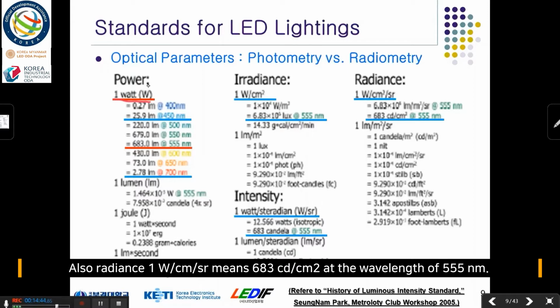Also, radiance, 1 watt per centimeter square per steradian, means 683 candela per centimeter square at the wavelength of 555 nanometer. The wavelength 555 nanometer is very important in photometry.